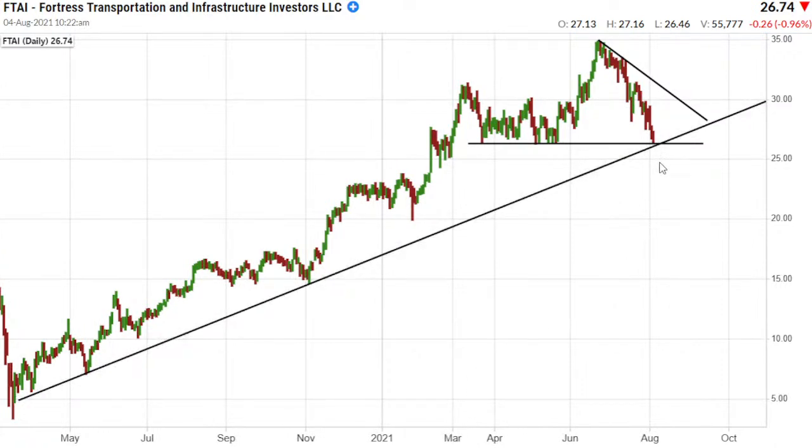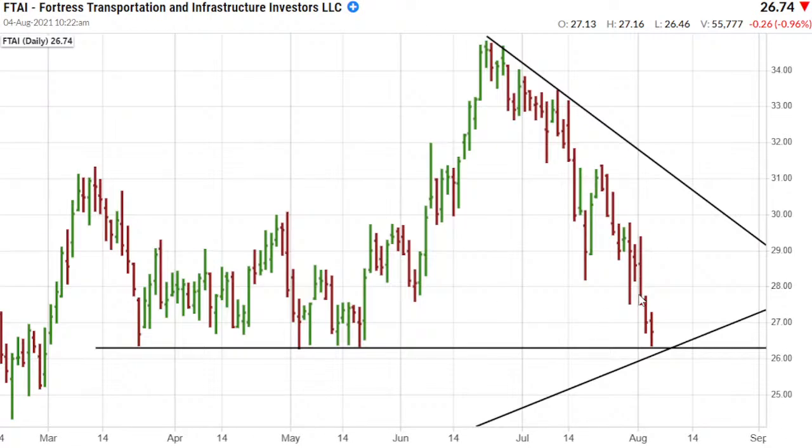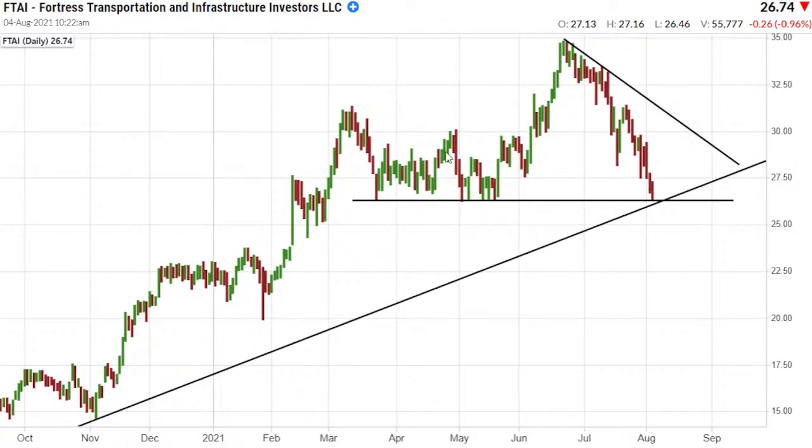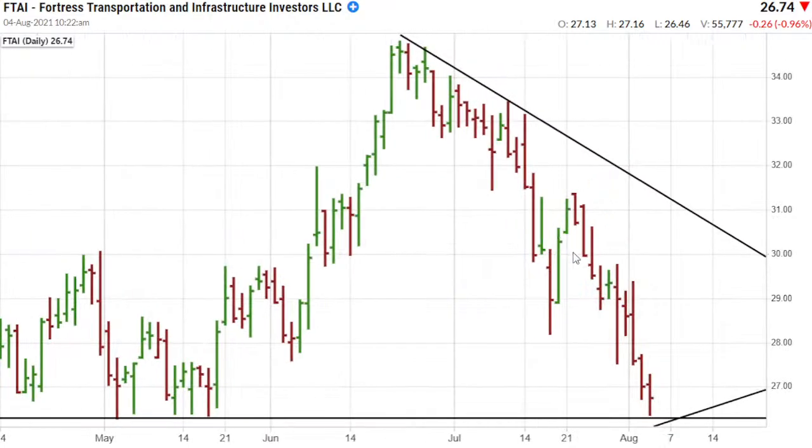If this thing breaks down from here, and maybe one or two down days or whatever, it'll stay on the list. But it actually looks like a fairly decent place for it to kind of find some support and maybe bounce. But the trigger on this, by the way, is way up here, right?